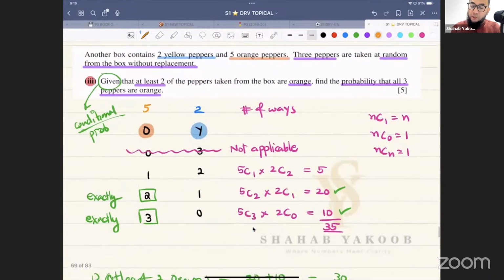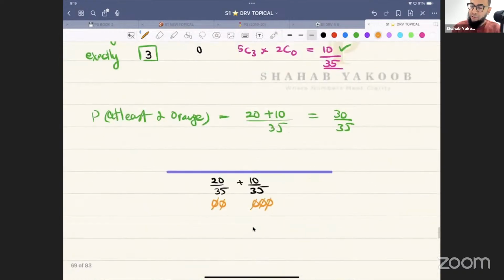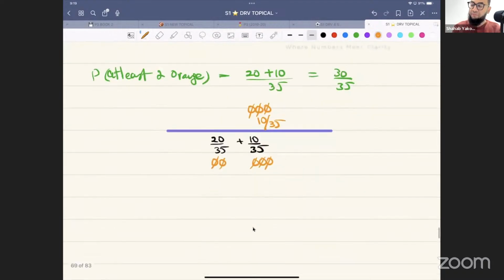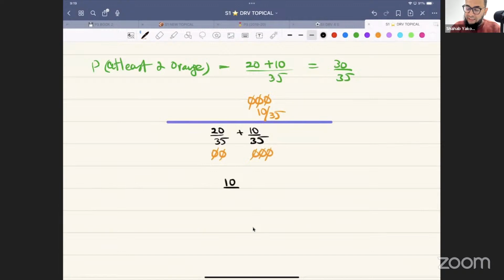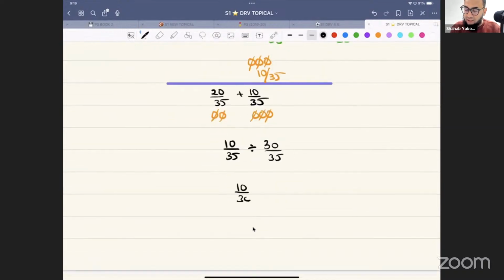Find the probability all 3 papers are orange. We are talking about these 3 oranges, so they go at the top, which is 10 over 35. So this is 10 over 35 divided by 30 over 35, and this becomes 10 over 30, which comes out to be 1/3.